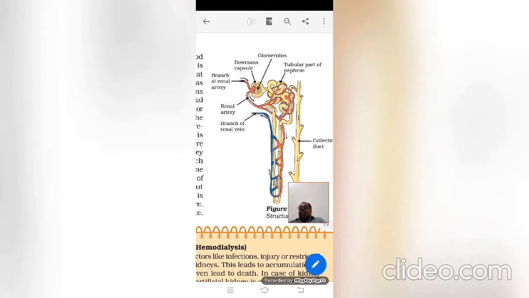Whenever we discuss this renal artery, it is called afferent arteriole, which brings blood into the nephron, and which takes away the blood from the nephron is known as efferent arteriole. That is not given in this part. It is just for your information.